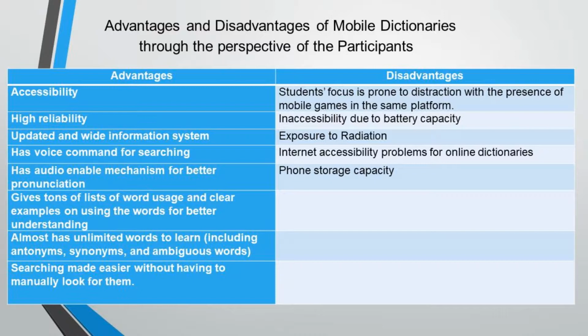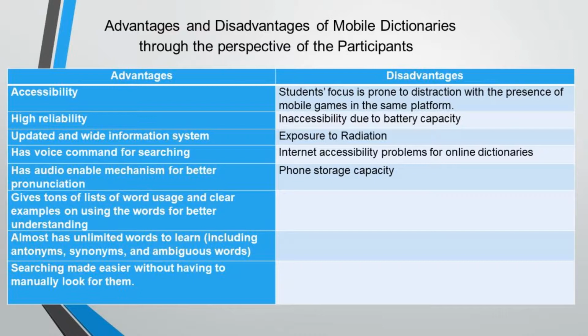It has also the option for voice command searching, where it offers easy searching of vocabularies which are hard to spell. The words are also not limited and makes every word available, even highfalutin words. Lastly, the searching process in mobile dictionaries is less hassle for the participants than traditional dictionaries, where they have to go through pages.